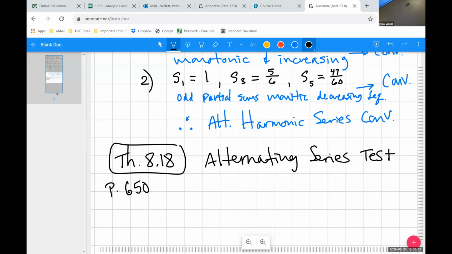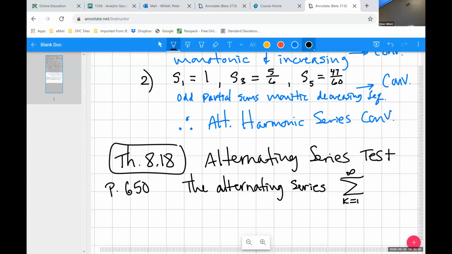So it says the alternating series, and we're going to write the alternating series with a summation notation, k going from 1 to infinity. But what we're going to do is assume that it starts with a negative number.